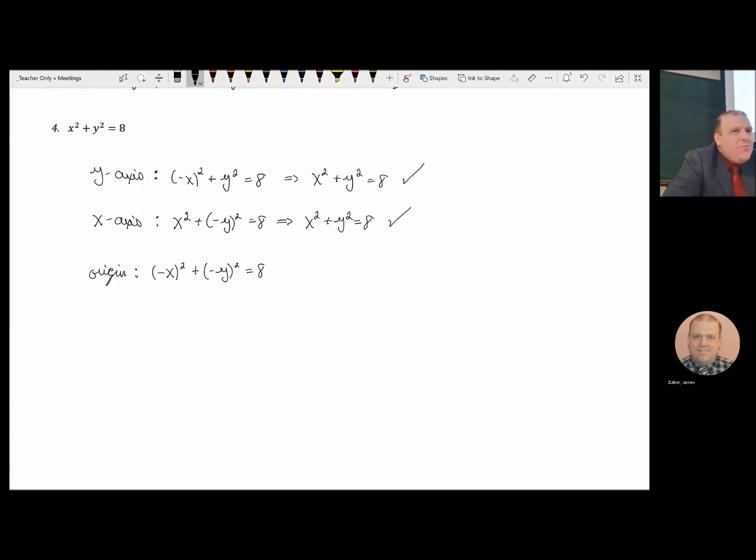Replace both x and y with their negatives. It gives you the same. So it's symmetric also about the origin.